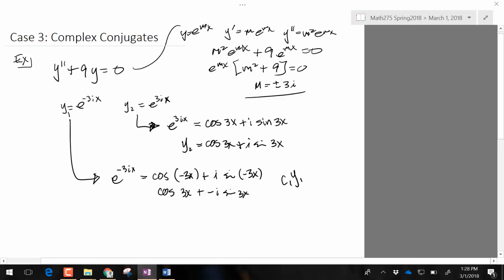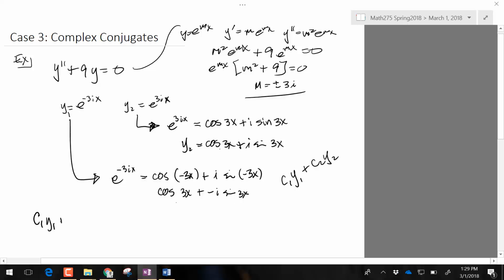So imagine doing this: C1 times Y1 plus C2 times Y2, right? Because this is what we want our solutions to look like. So if we add them together, we're going to have C1 times this and C2 times this. Should we do it? Let's do it.